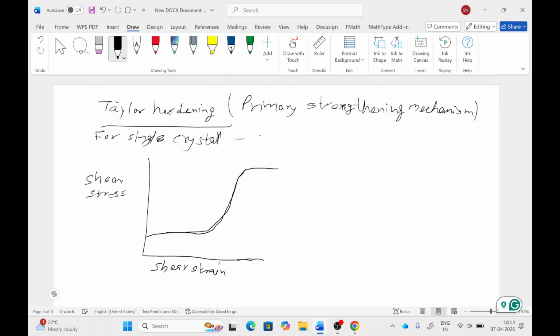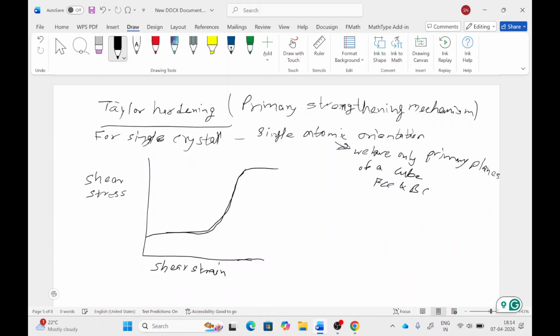In a single crystal, we know we have a single atomic orientation, and in single atomic orientation we have only primary planes of a cube, like FCC and BCC.